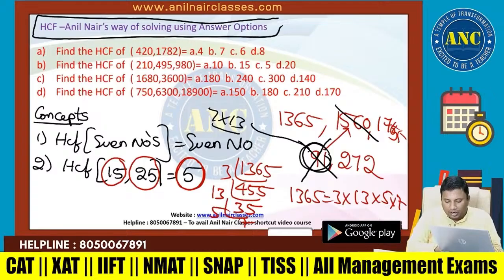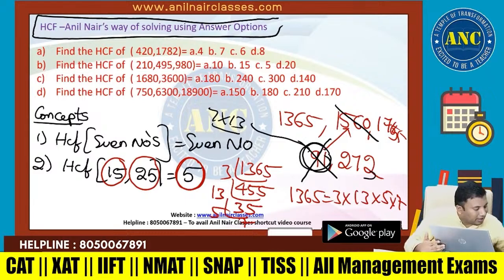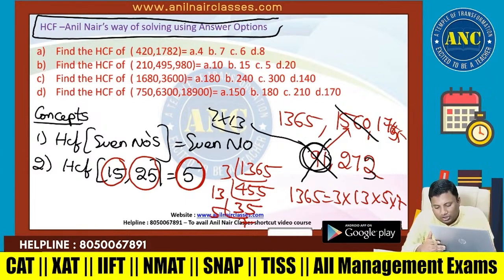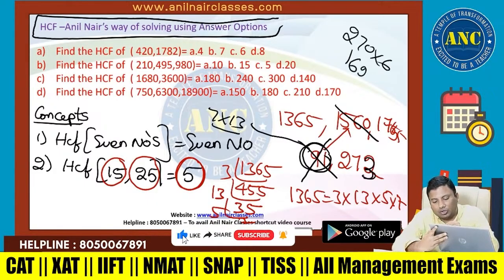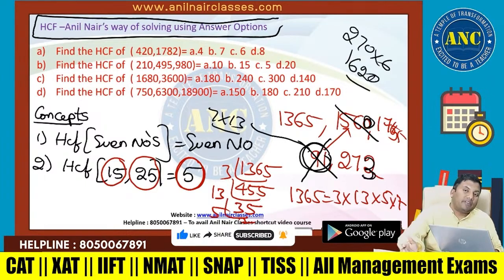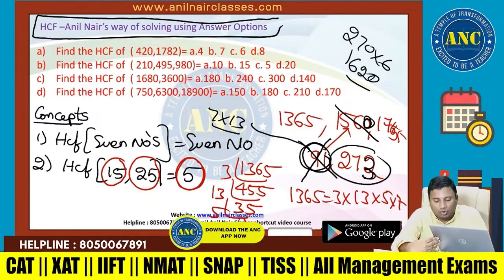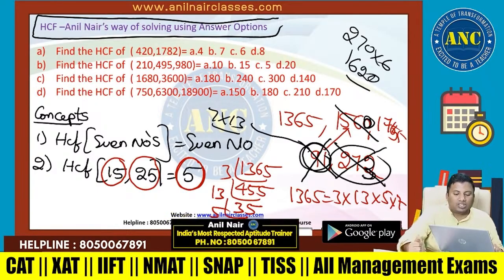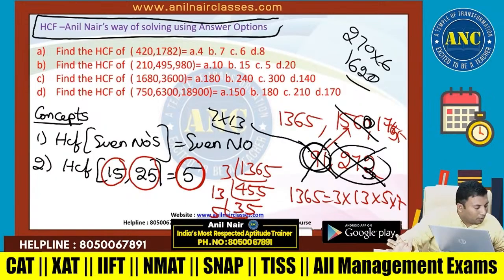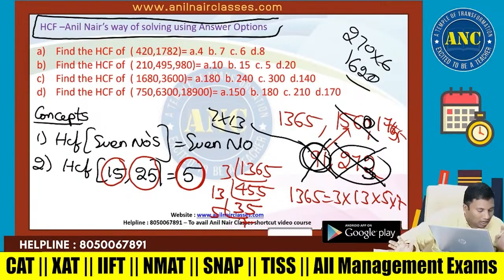Next, the other option is 273, not 272. 273 times 6 is 1638, and I am not getting 1560, so there cannot be any multiple of 273 that gives you 1560. That is the reason 91 and 273 are eliminated. I hope, Srikanth, your doubt is cleared.